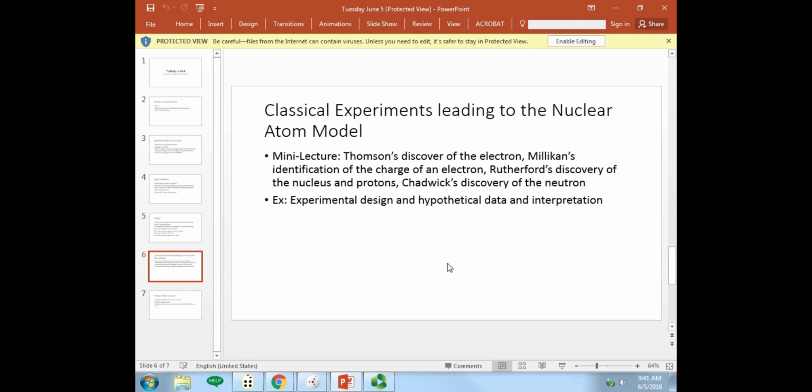And he had an experiment because he said, listen, if there's something negative and atoms are neutral, there must be something positive. So he took something called alpha particles, which are kind of big for a particle, and they're positive. All you need to know is that they're positive. And he fired them at this gold foil.